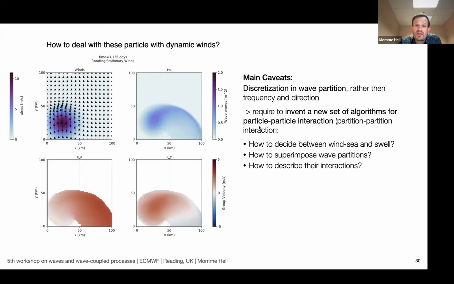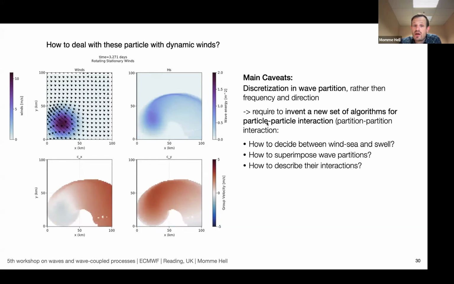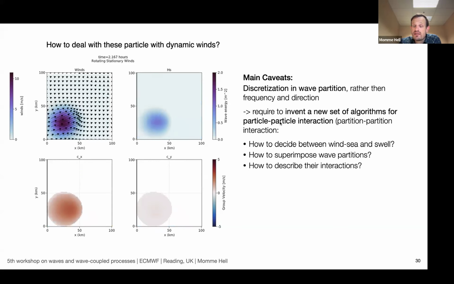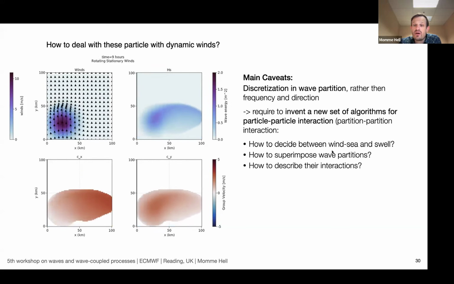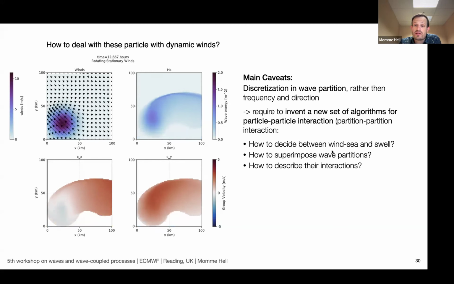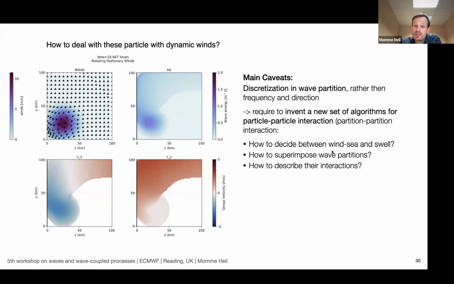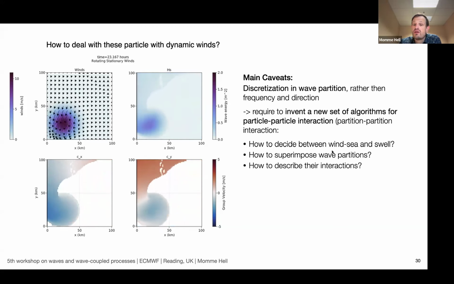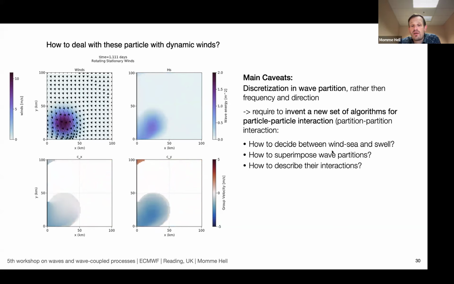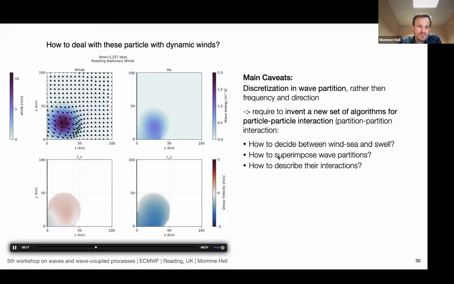And that's the way we have to go, right? We have to describe how wave particles interact. In certain cases, for example, when do I decide waves are windsea or when they are swell? How do they superimpose if they're in roughly opposite directions? Can they superimpose or not? And how do we describe more complicated interactions?